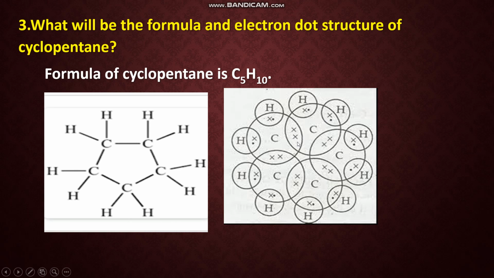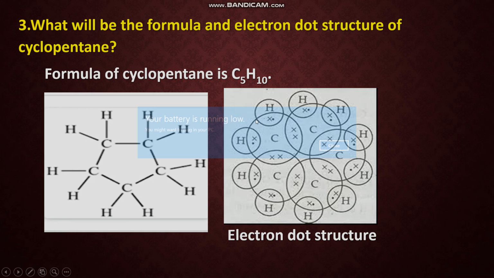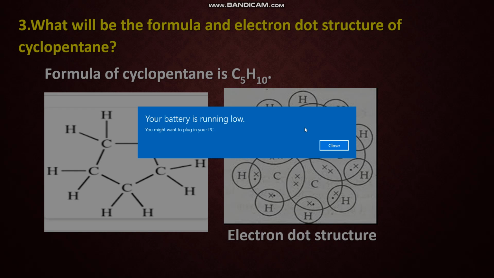If it is a double bond, how many electrons do you have to show in the common space? You have to show 4 electrons. Hope it is clear. So this is the electron dot structure of cyclopentane. So instead of drawing the electron dot structure directly, if you first draw the structure with the bonds, then drawing the electron dot structure is easy.